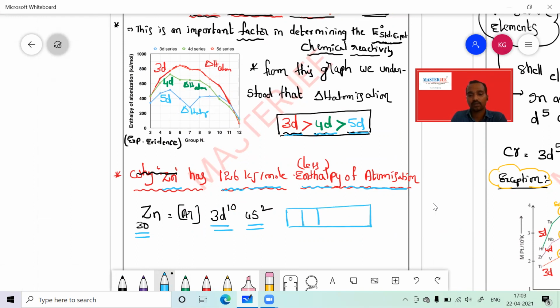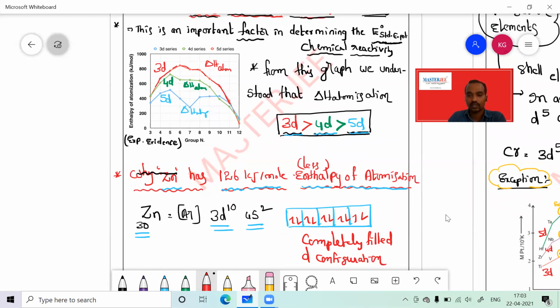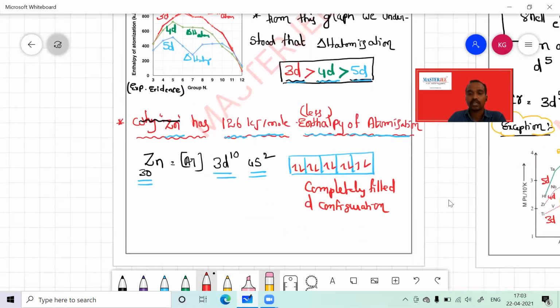If the d orbital is completely filled, there is little bond formation. Due to the completely filled d configuration, zinc does not form many bonds with others.